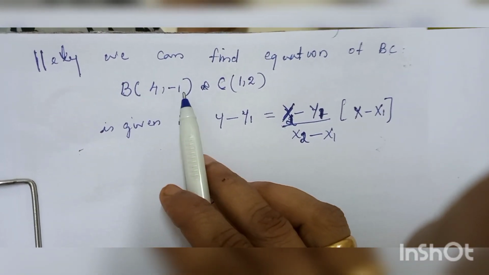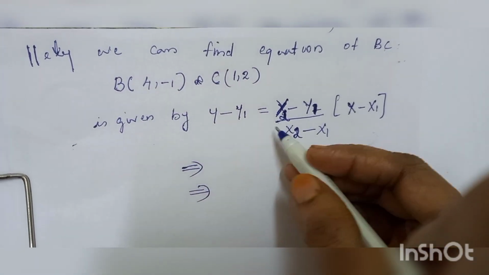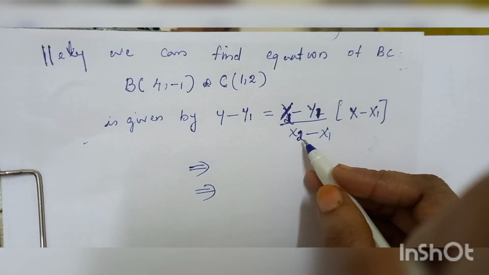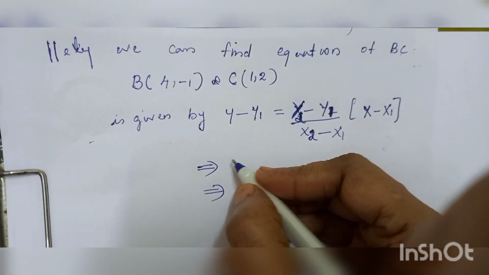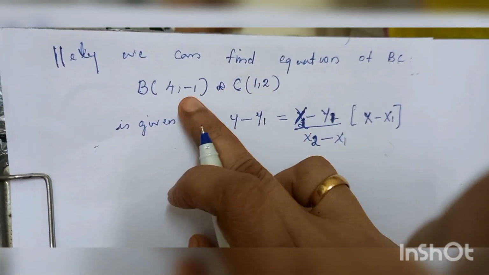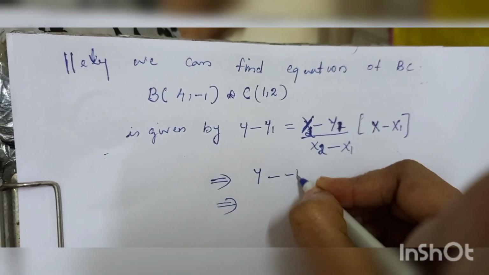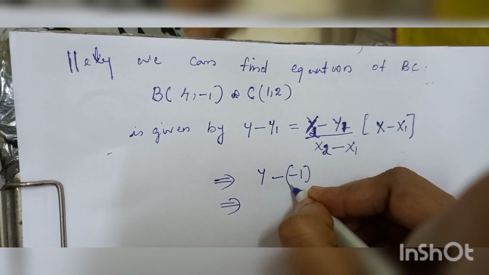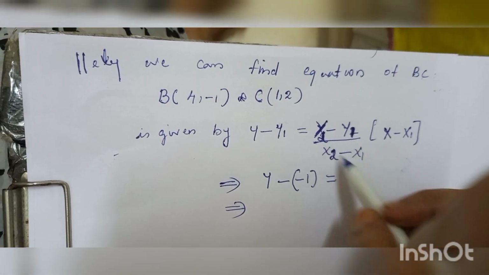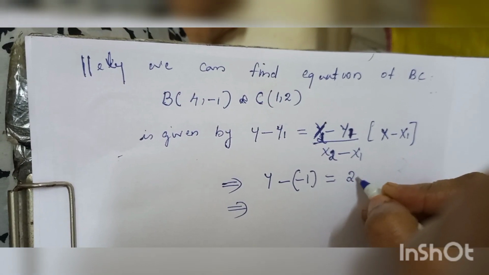B(4, -1) and C(1, 2): the equation is given by y minus y1 is equal to (y2 minus y1) divided by (x2 minus x1) times x minus x1. So y minus y1, where y1 is how much here? Y minus (-1) is equal to the slope.